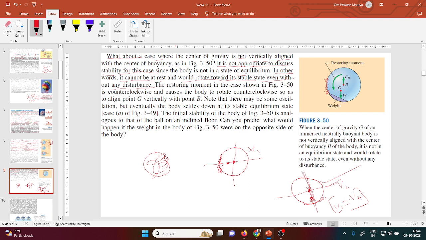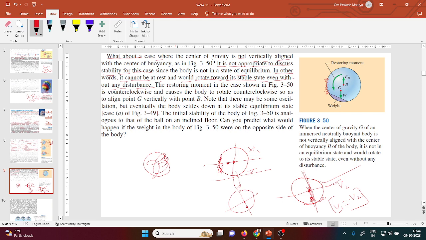Now coming to, after rotation, let's suppose this is a water body. If you put your body like that, what will happen? After rotation, your center of gravity comes below and the buoyancy will be above.